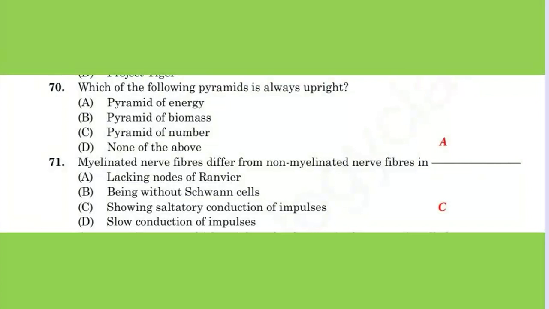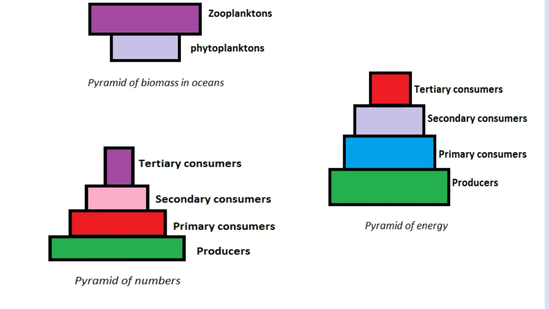Myelinated nerve fibers occur in the white matter of the brain, spinal cord, and in the central and cranial nervous system. Unmyelinated nerve fibers occur in the autonomic nervous system.